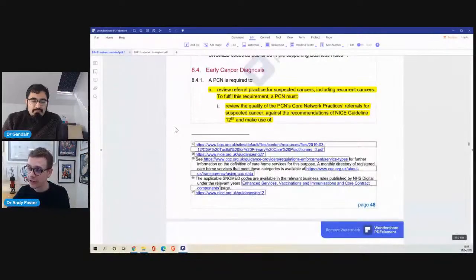So, early cancer diagnosis. This was an area that I think many of us were making reasonably good progress on at the beginning of last year, and then had PCN-wide meetings to look at referral patterns and started practices on the path of completing audits of their cancer referrals and outcomes.